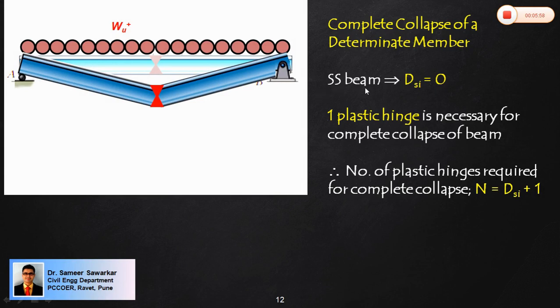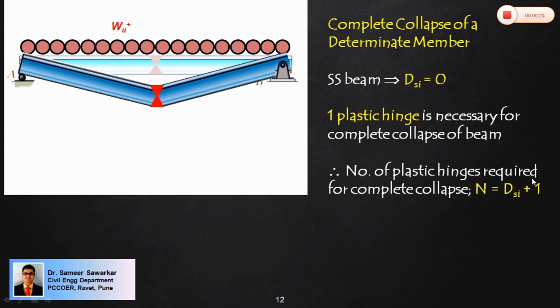It was a simply supported beam with degree of static indeterminacy 0. Only one plastic hinge was formed and we saw that there was a failure. So we are writing: one plastic hinge is necessary for complete collapse of the beam. So from this number 0 and from this number 1, we are making a temporary statement or guess.